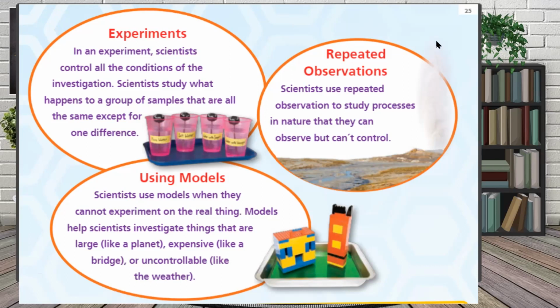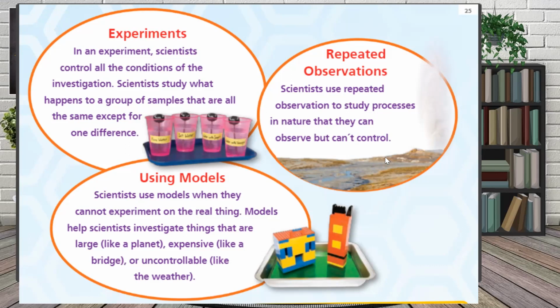So, repeated observation is about what? Why do we use repeated observation? To study processes in nature that we can observe but can't control.